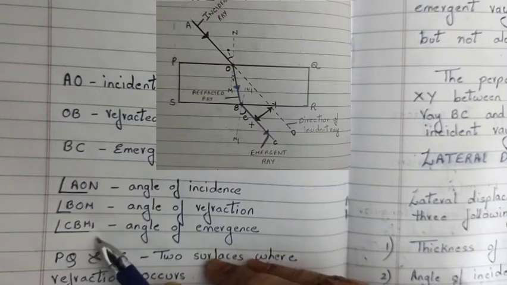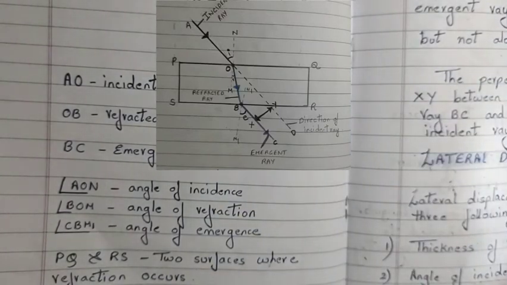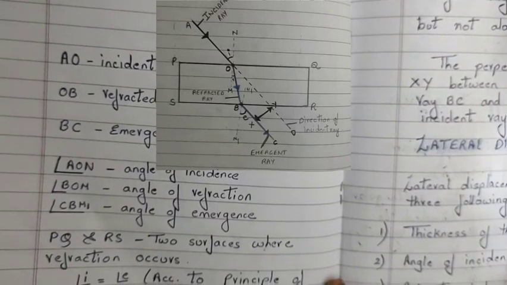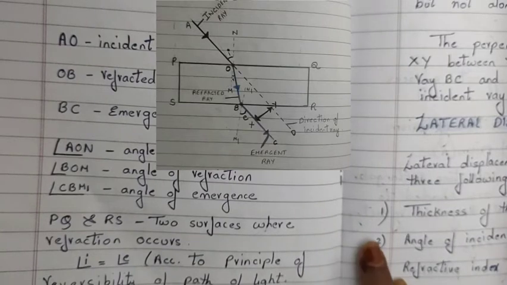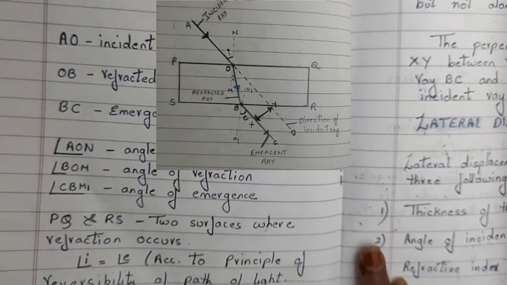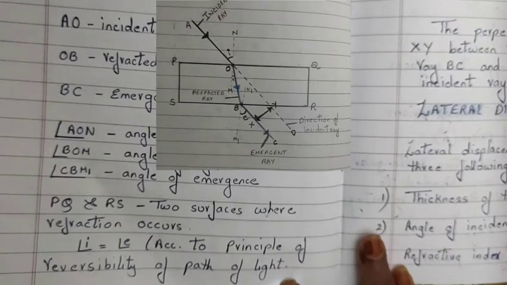Angle CBM1 is the angle of emergence, and PQ and RS are the two surfaces where refraction occurs. We know that the angle of incidence is equal to the angle of emergence due to the principle of reversibility of path of light.